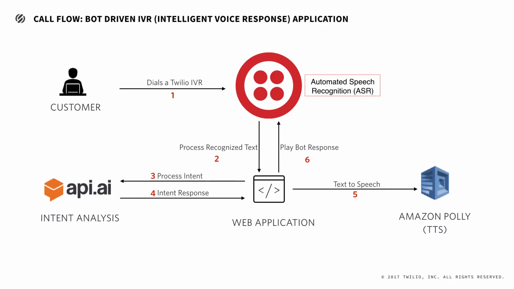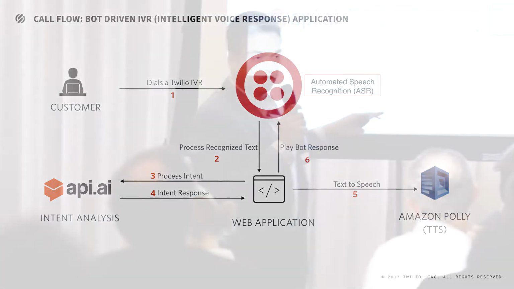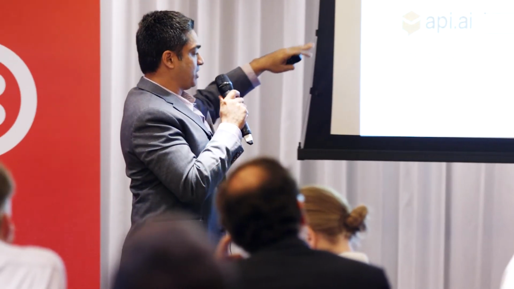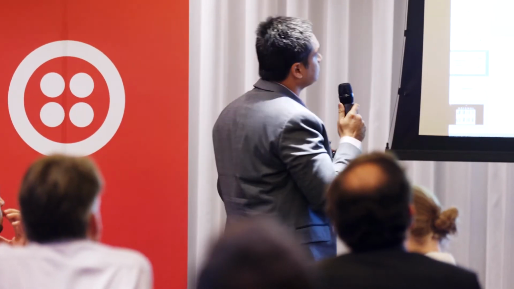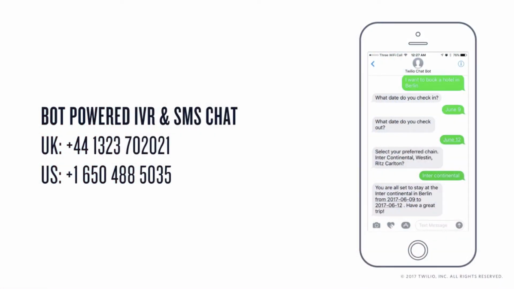Then I use Google's API.ai to do the intent analysis. And when the intent comes in, I use Amazon Polly to do text to speech. Of course, a lot of these bits can be managed by Twilio, but I wanted to show that by using a platform like Twilio, you can easily integrate into other systems.